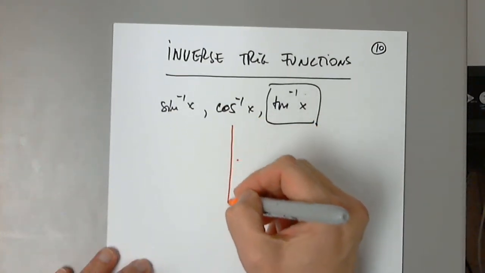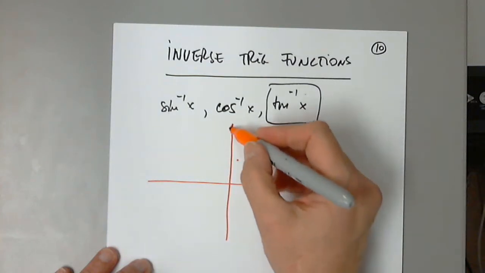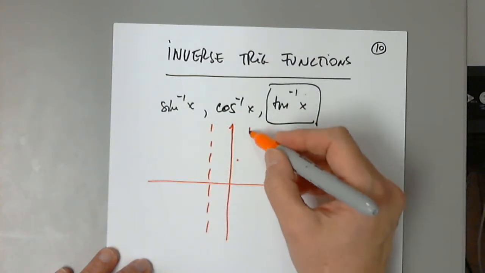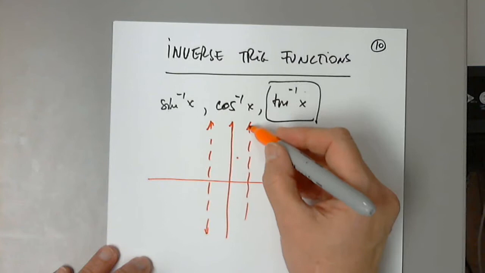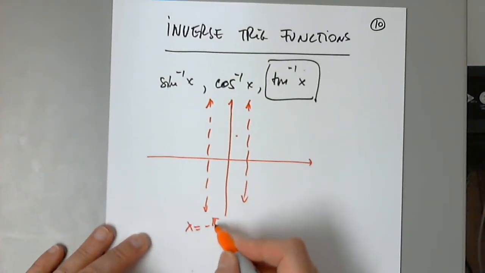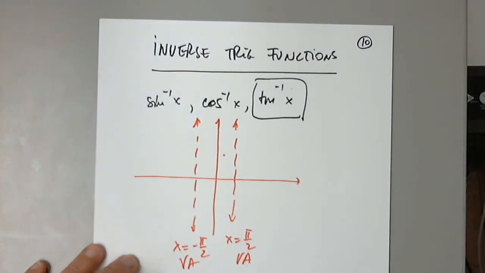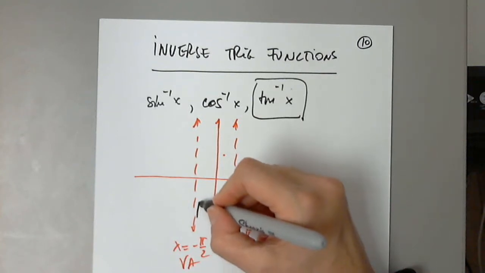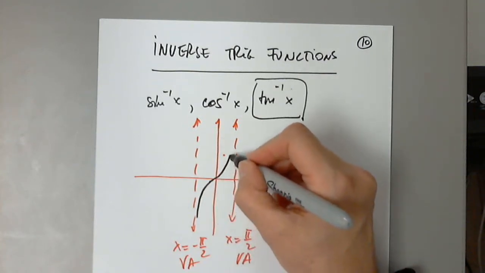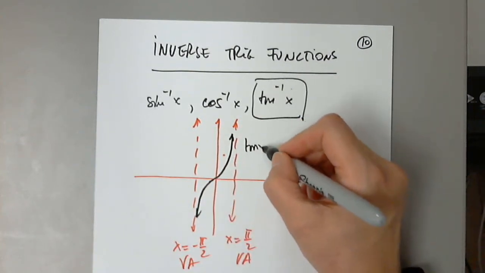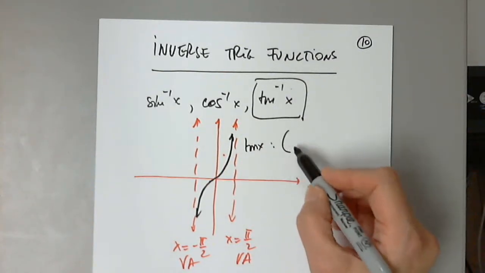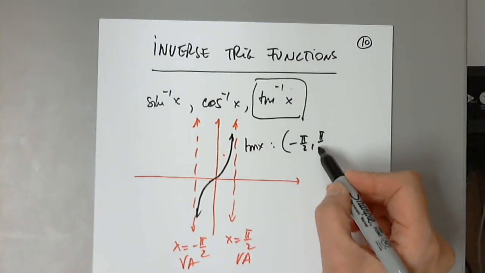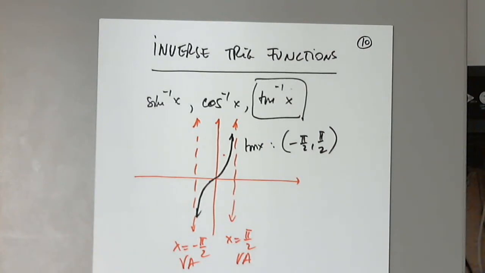A few minutes ago, we graphed this function. We said x equals negative pi over 2 and x equals pi over 2 are vertical asymptotes. And the graph of tangent is this. We defined it between negative pi over 2 and pi over 2, especially when we talk about its inverse.